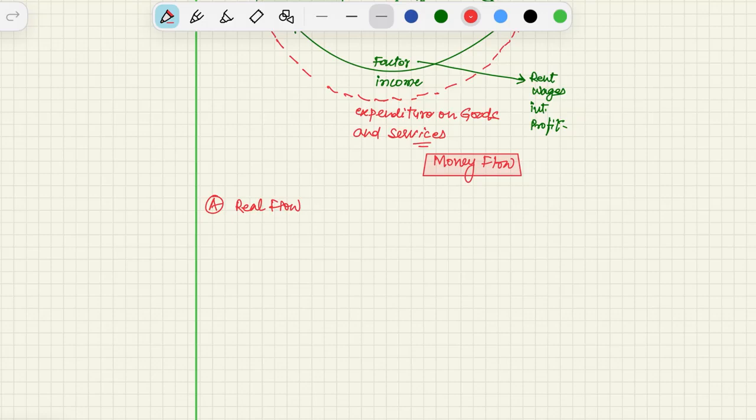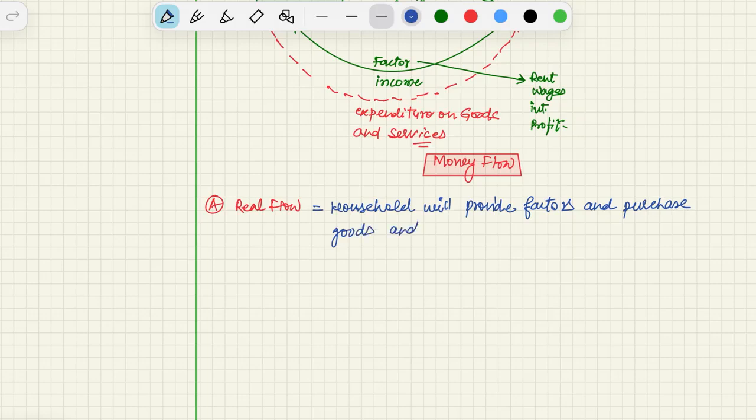First one is real flow. What comes in real flow? Under real flow, I have written here: household will provide factors and purchase goods and services.